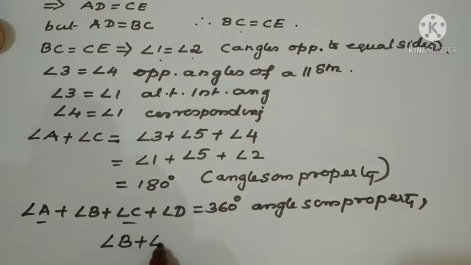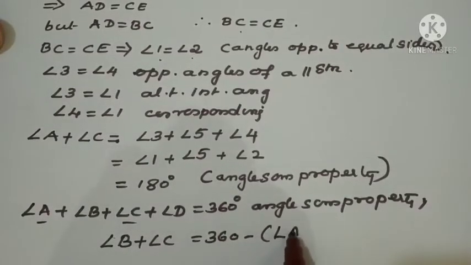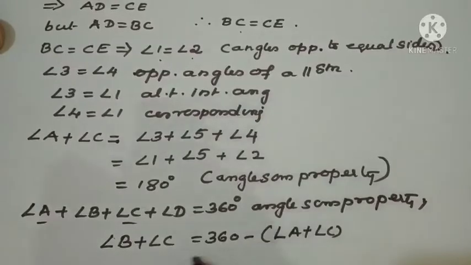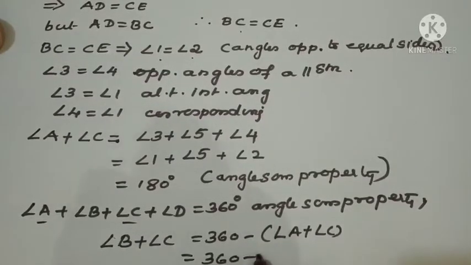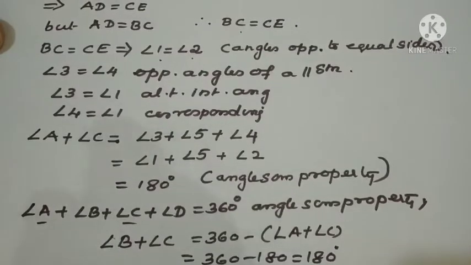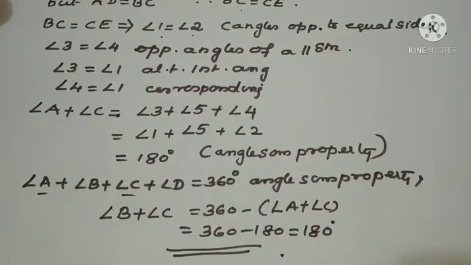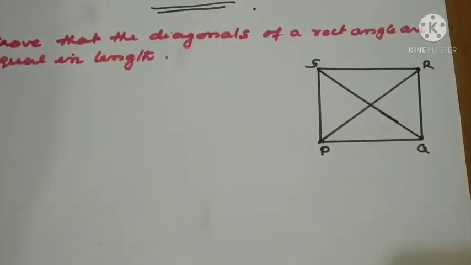Therefore angle B plus angle D equal to 360 minus angle A plus angle C, 360 minus 180, 180 degrees. So opposite angles of an isosceles trapezium are supplementary.